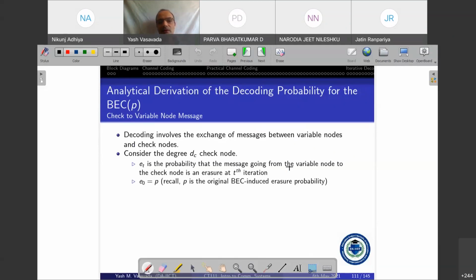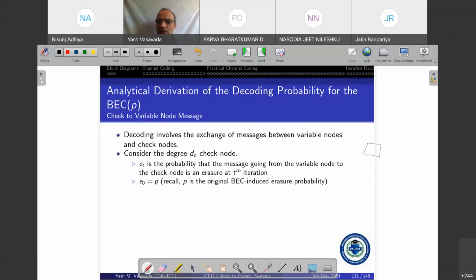Let us say that we have a regular LDPC code for which all the check nodes have the same degree of DC. So this is a degree DC check node, and I'm going to draw a square here.